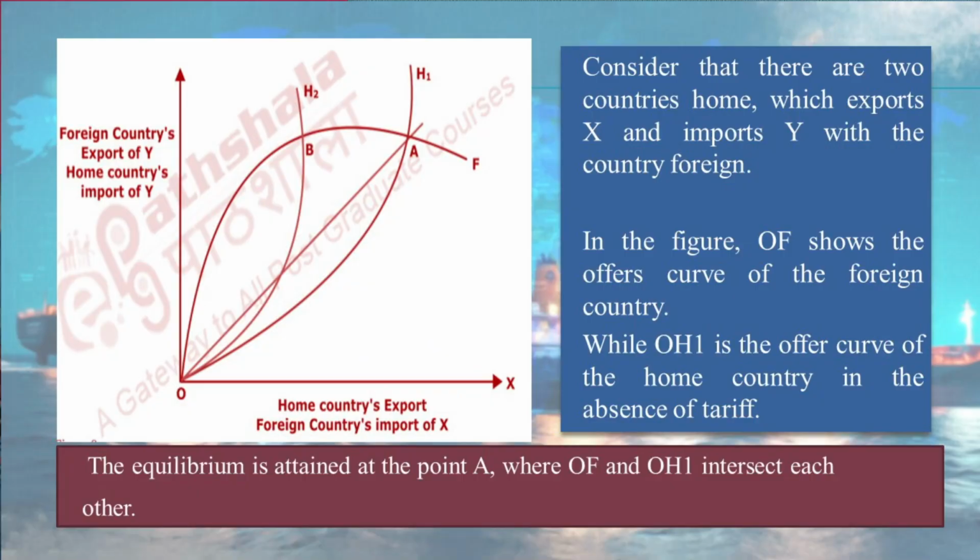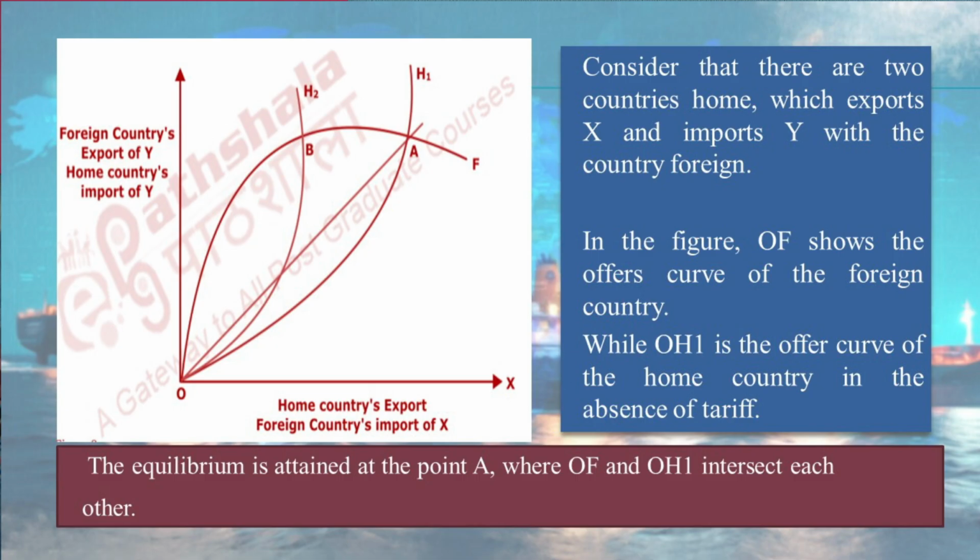So let us consider there are two countries, the home country which exports X and imports Y, and the foreign country. In the figure, the curve OF shows the offer curve of the foreign country, while OH1 is the offer curve of the home country in the absence of tariff. In this slide, we would like to explain the effect of tariff upon a large country with the help of the offer curve.